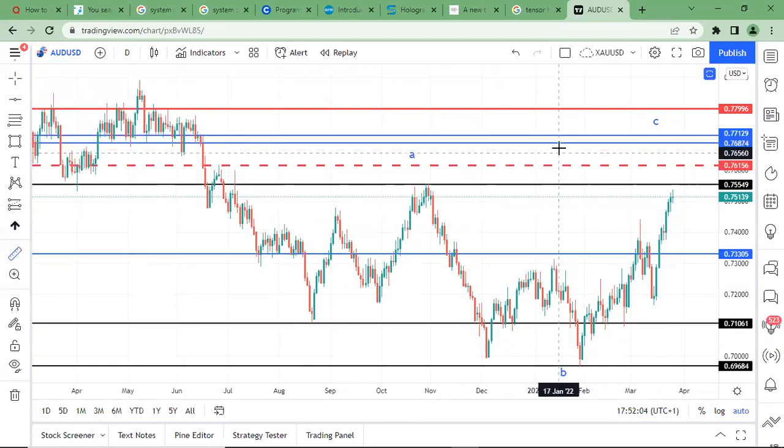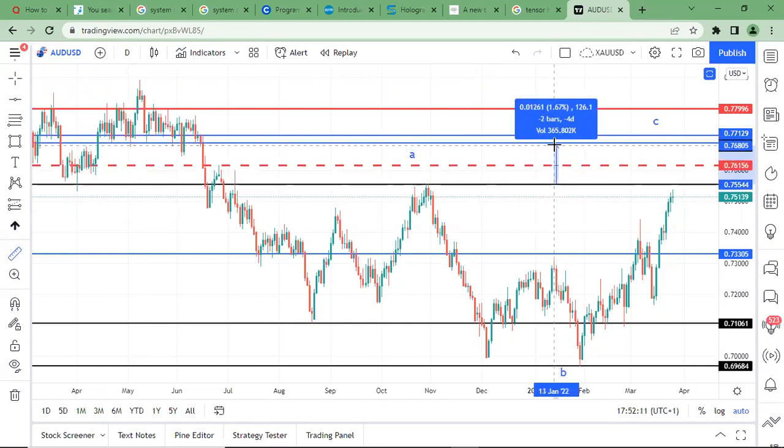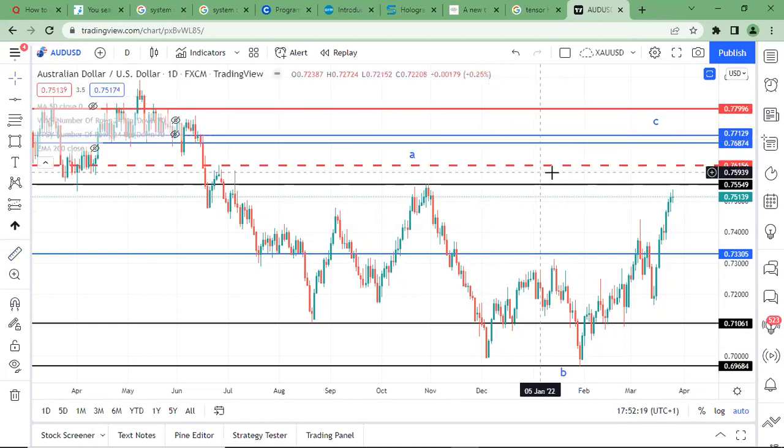Between here and here, let's say that's about 133 pips. That's huge. 133 to 150 pips. That is huge. So minus 15, minus 13, you know, that is huge. So once we see a price action that is not in conformity, we close here.